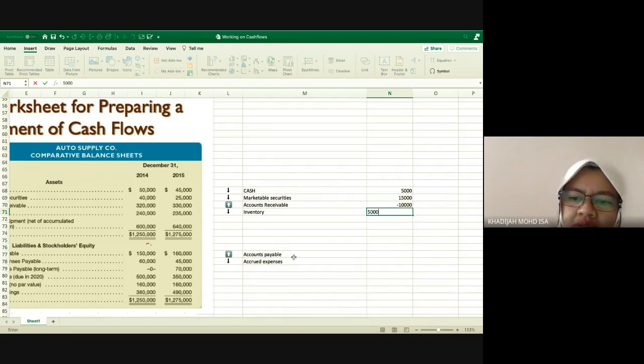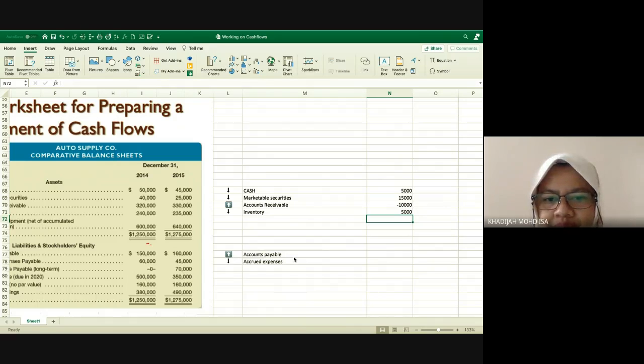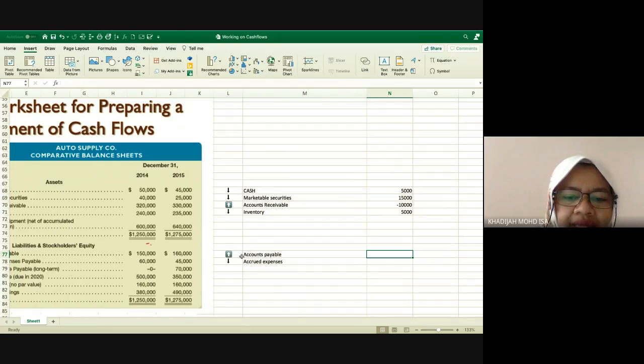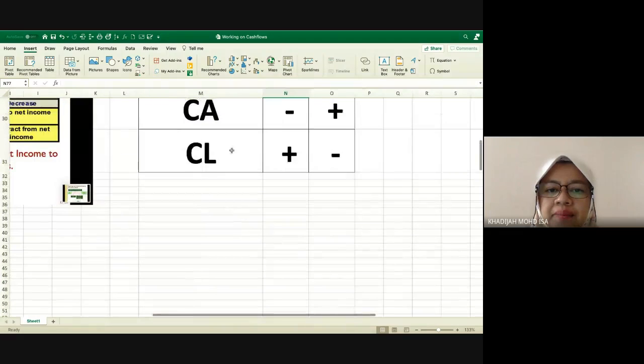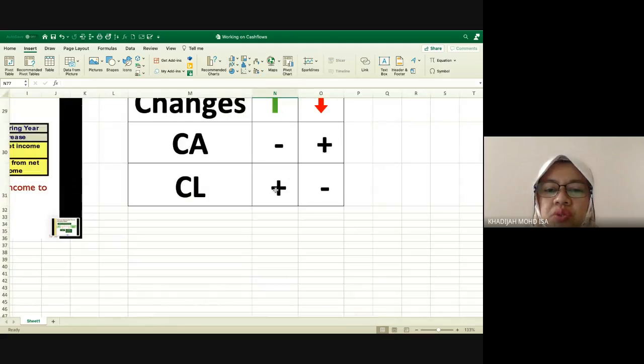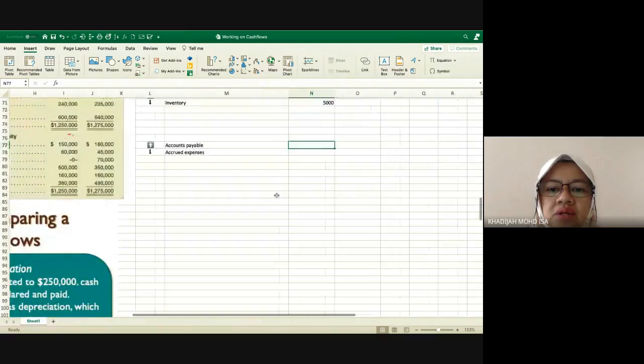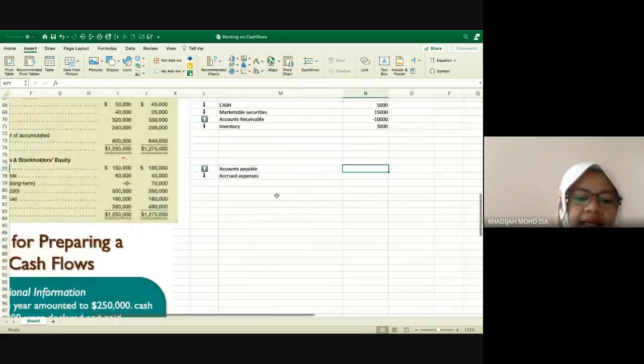What about your accounts payable? Accounts payable increases by 10,000. For a current liability, whenever there's an increase, you plus. So you plus 10,000.